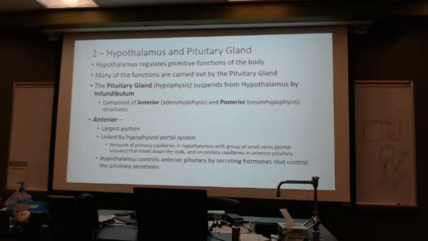With a portal system, we're going to see that vascular, meaning arteries and veins, vessels of the body.